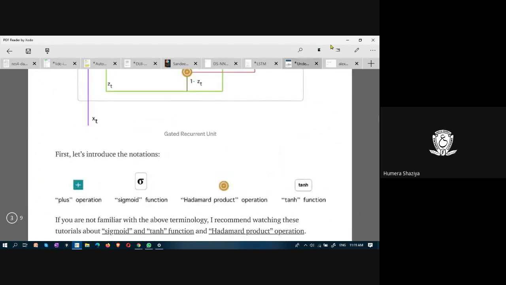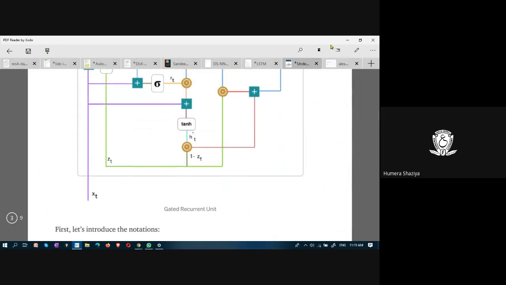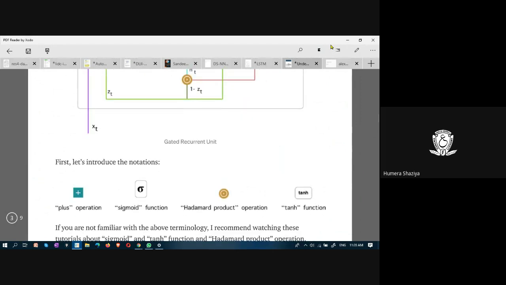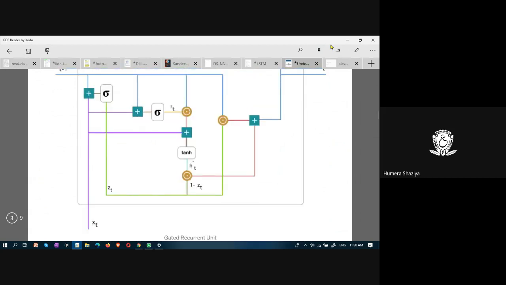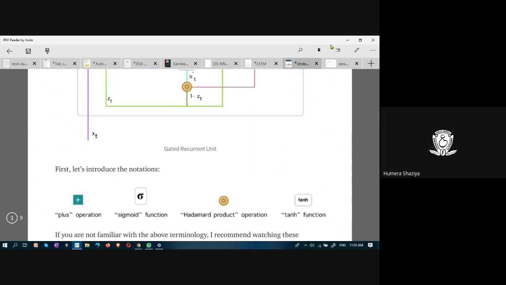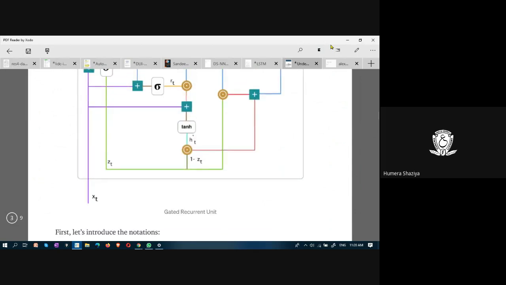This is plus operation. This is the sigmoid function, sigma. This is known as the Hadamard product, and tanh. Tanh is an activation function, the hyperbolic tangent function.